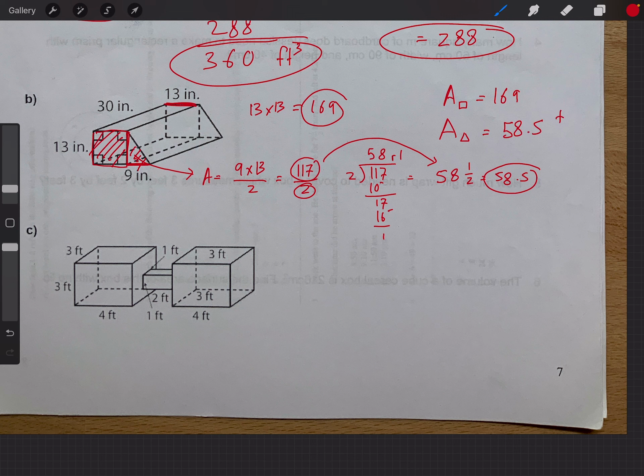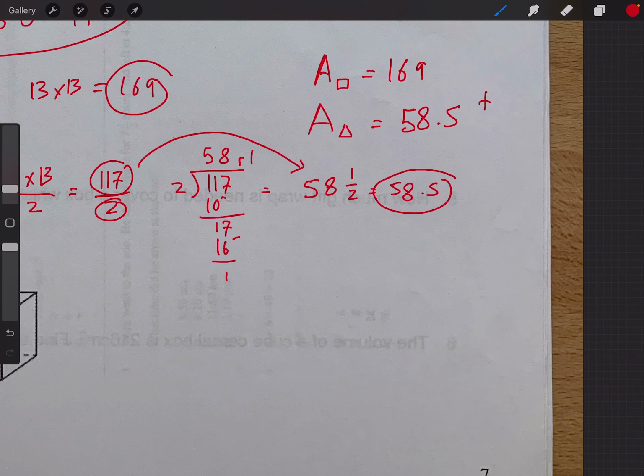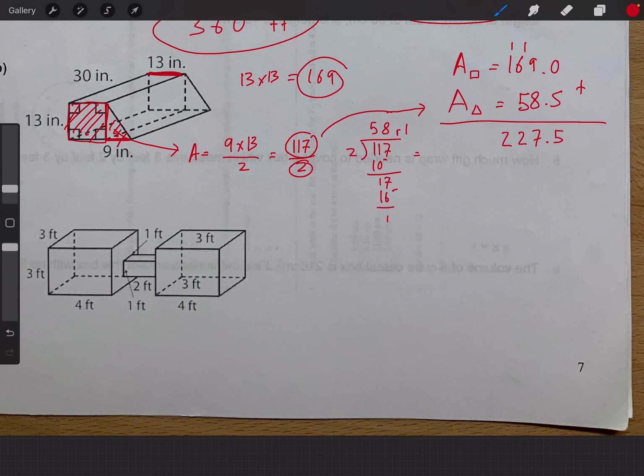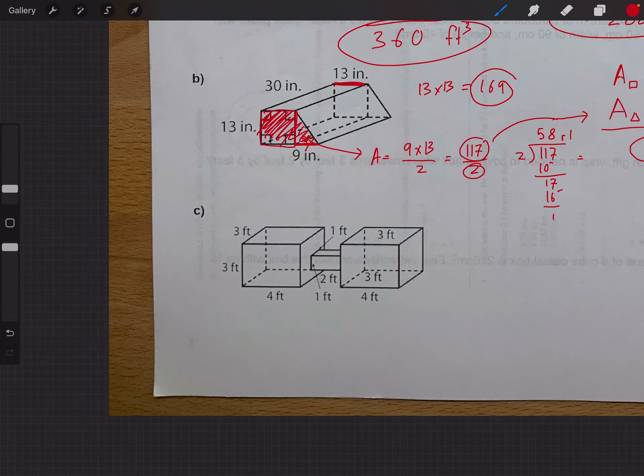The total area of these two would be, 9 plus 8 is 17, carry the 1, 7 plus 5 is 12, carry the 1, 2. So the total cross-section area is going to be 227.5, but that's just the cross-section area. You got to find the volume.